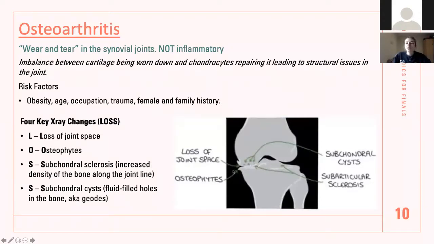You might also see subchondral sclerosis, which is like you'd see more dense white along the joint line, as you can see here. And you may see subchondral cysts, but it's very hard to see this on the X-ray, which are little fluid-filled holes in the bone. And just remember that by the mnemonic LOSS.